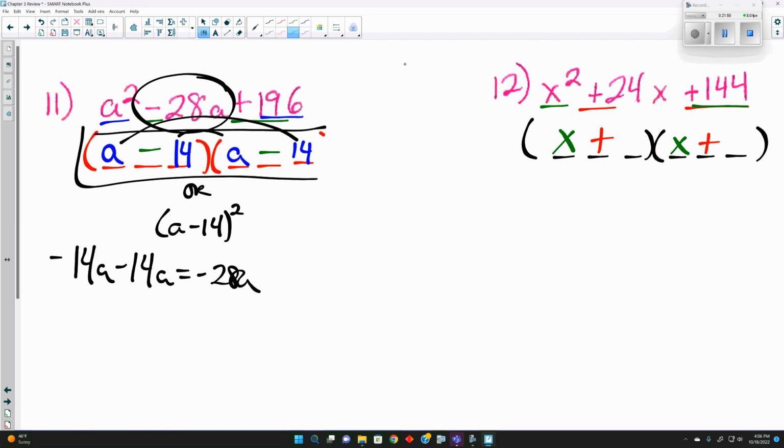And just like with 196, 144 does have a good number of factors. We have 1 and 144.